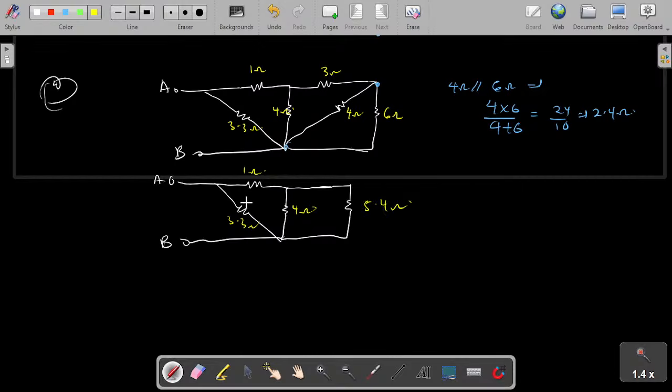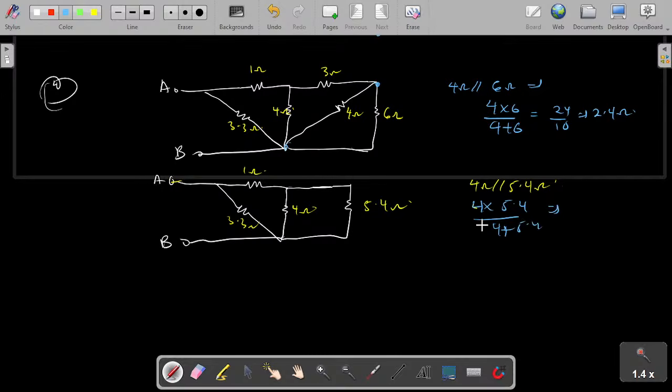As I said, we still work away from the source, so we get close to the terminals. Here we are going to consider 4 ohm and 5.4 ohm. They are in parallel. 4 ohm is in parallel with 5.4 ohms, right? So this gives 4 times 5.4 over 4 plus 5.4.